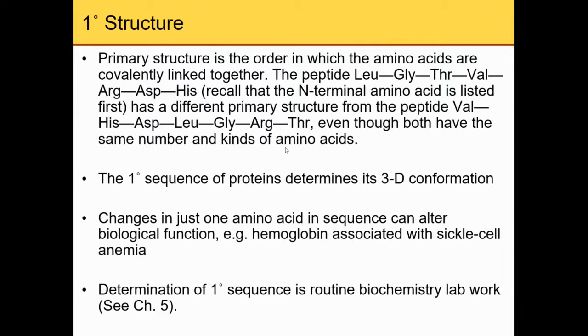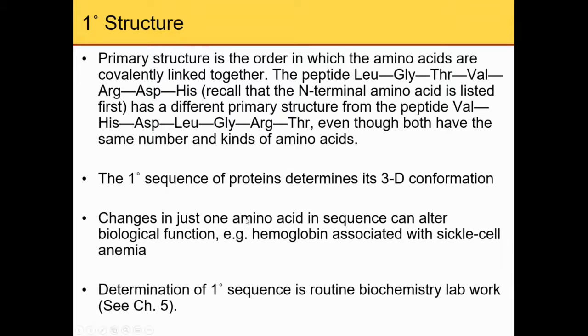And it always begins from the N-terminal and goes to the end, the C-terminal.